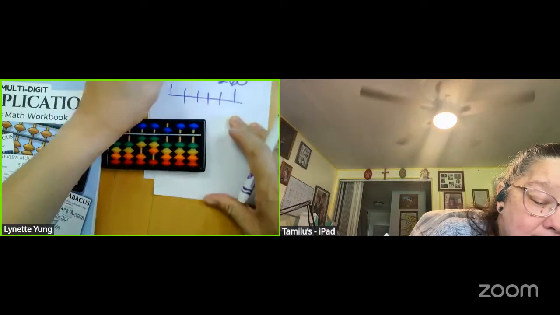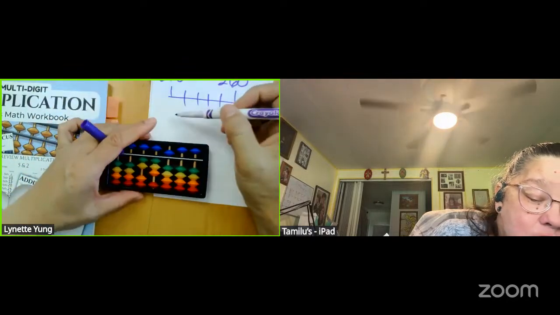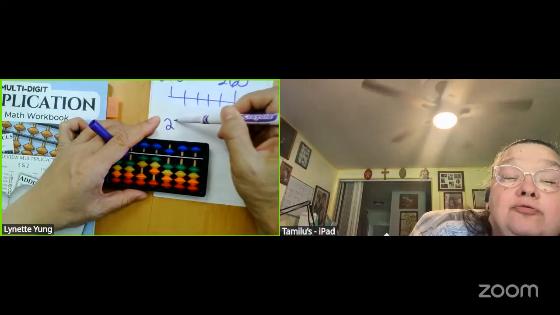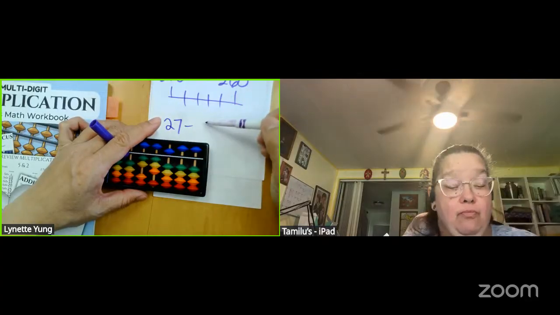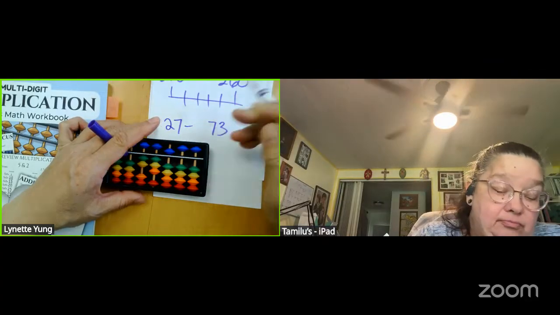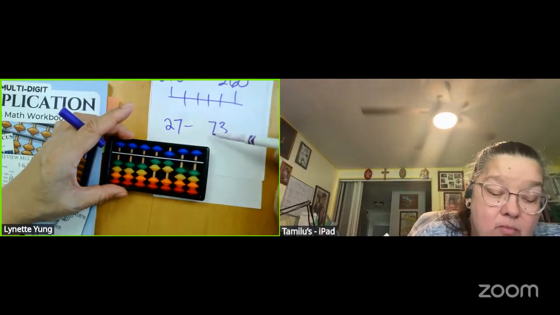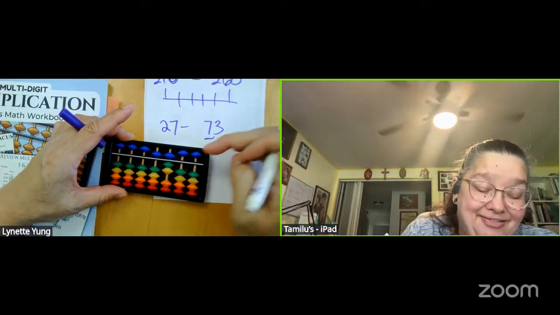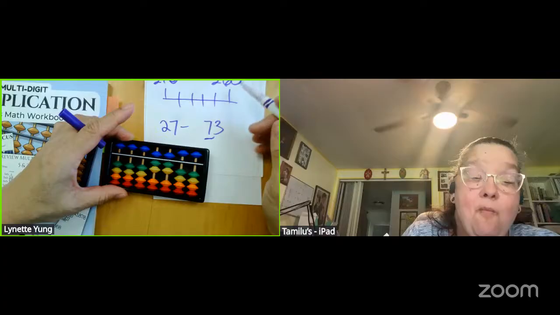And what we're doing is finding a common way to see things, right? So even if it's 27 and 73, well, we have 27. How many times do we get to 70? So we have 1, 2, 3, 4, 5.